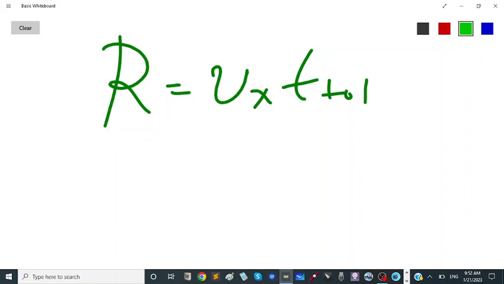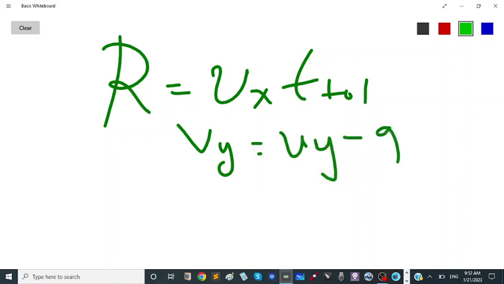Previously t is given by simply Uy over g. For we have seen vy is equal to Uy minus gt, but at maximum height this tends to 0.